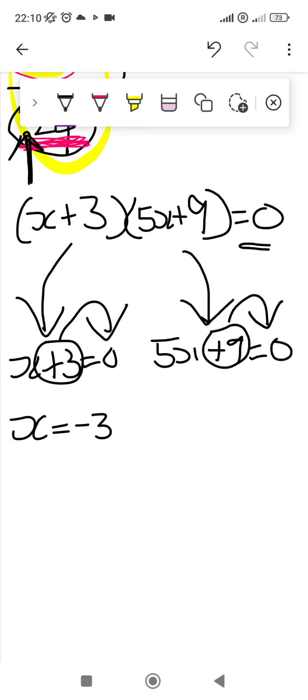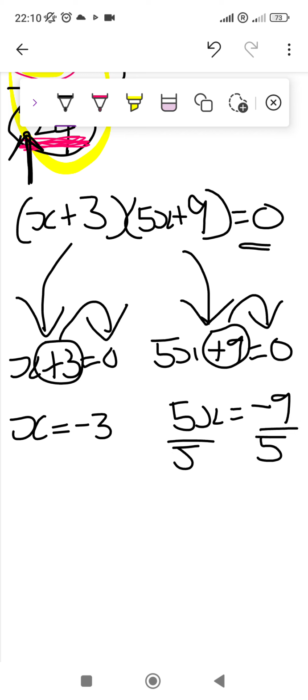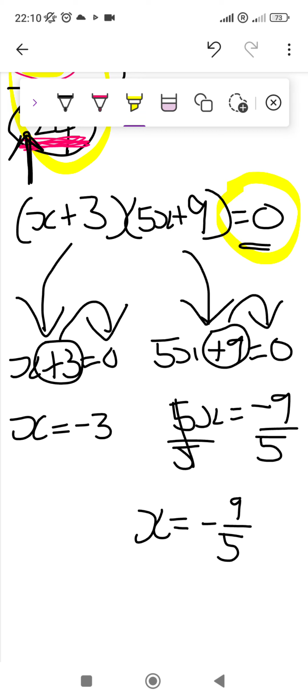Subtract 9 on both sides. So 5x equals -9. Divide both sides by 5 to get rid of your 5. So x is equal to -9/5. Right, that was our advanced trinomial, which is in an algebraic equation equal to 0. So we have our two solutions.